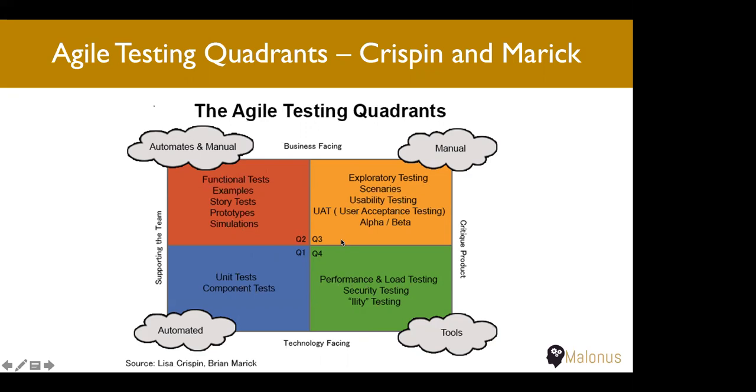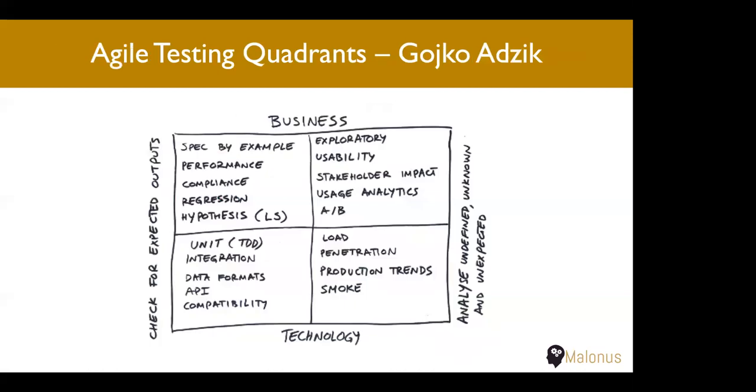These quadrants were part of the book Agile Testing, and in between there has been a build-up of understanding around what is important from the testing point of view. Some ideas from the lean startup world and from DevOps came into the picture, and you find a change in these quadrants.